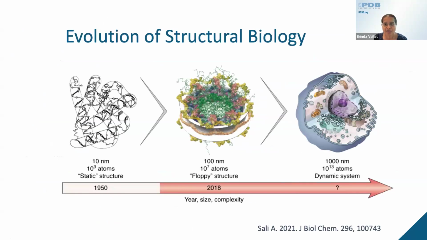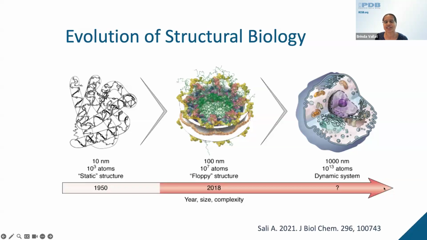To summarize how far we've come, when the PDB was started, we had static structures of single molecules, such as the structure of myoglobin determined by X-ray crystallography at atomic resolution in 1958. Since then, the scope of structural biology has expanded, allowing for larger and more complex structures to be determined using different experimental methods.